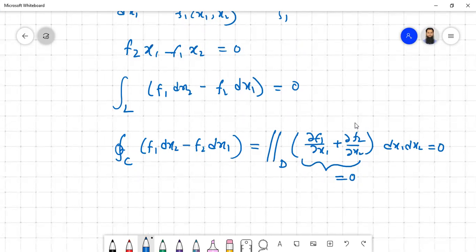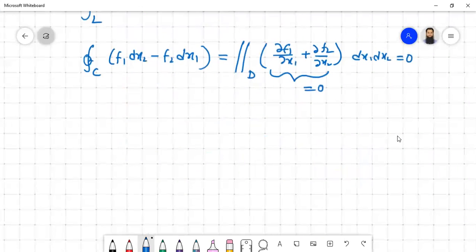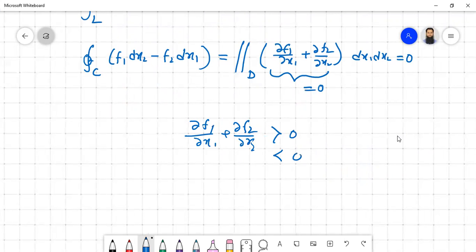Only if it is 0 can we have a limit cycle in the surface. But if del f1 by del x1 plus del f2 by del x2 is greater or lesser than 0, in that case it is not possible to have any limit cycle. So this is also one of the nullifying type of theorems.